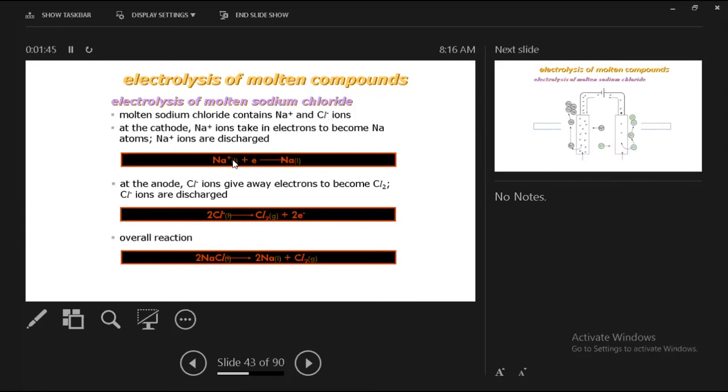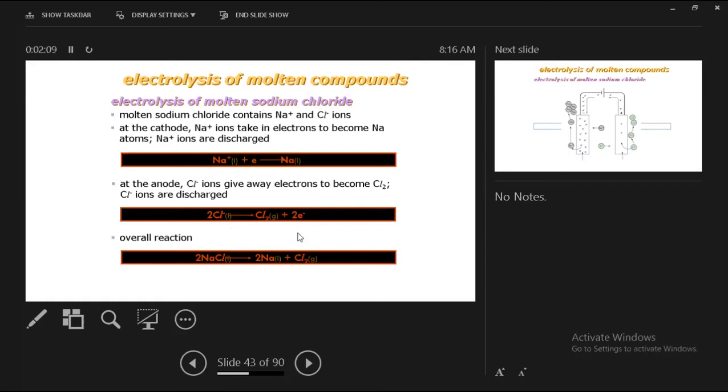Na+ will move to the cathode and will be reduced. It will gain electrons to form sodium metal, but the state is liquid because it's in the molten state. The chloride ion will move to the anode, and it will be oxidized to form chlorine gas.